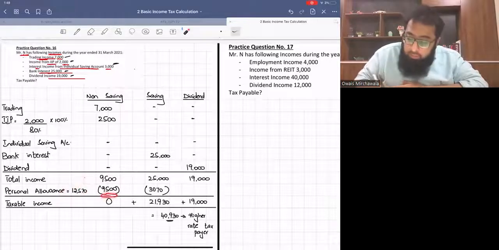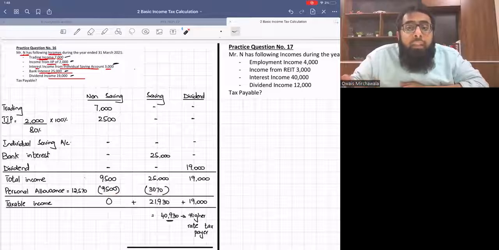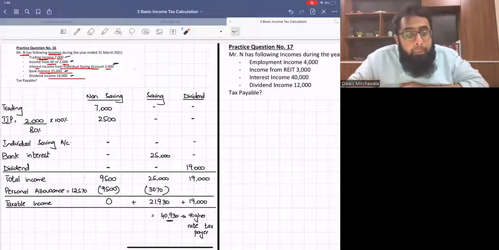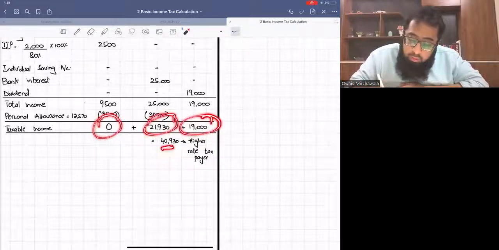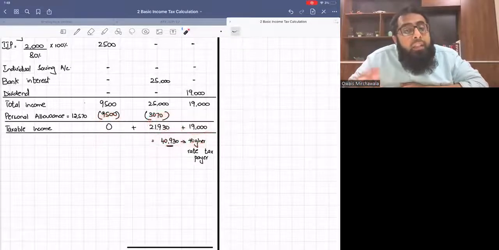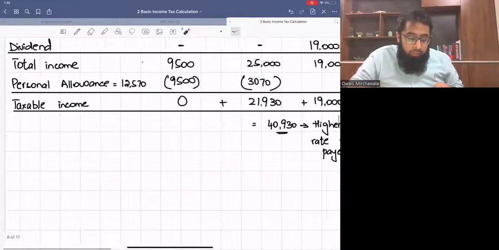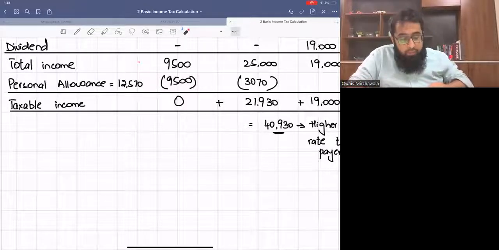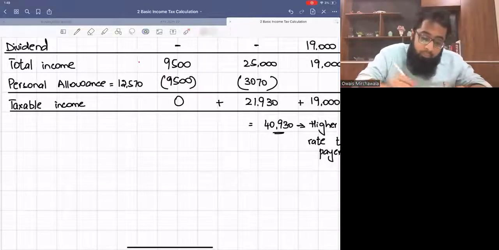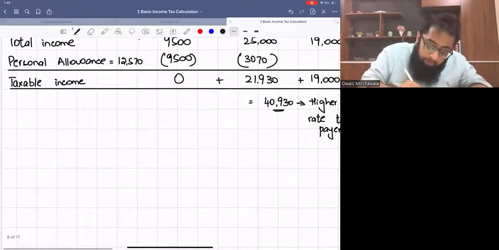First, it goes from non-saving. The remaining goes from saving. Obviously, we will not waste the personal allowance. We will move forward. The sum of taxable incomes, 40,930, shows that we are higher rate taxpayer on total. Now we will apply tax on it. Let's look at it.